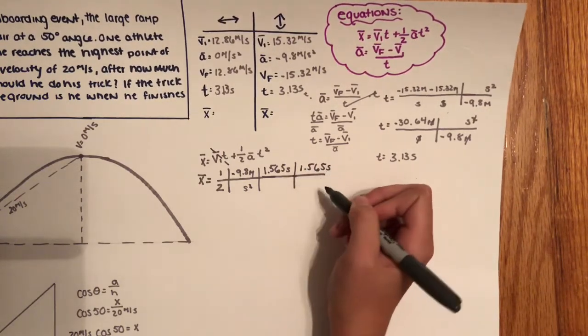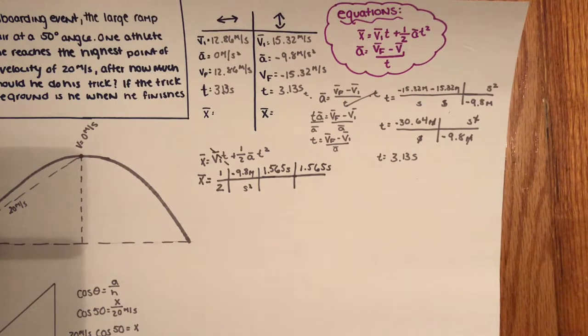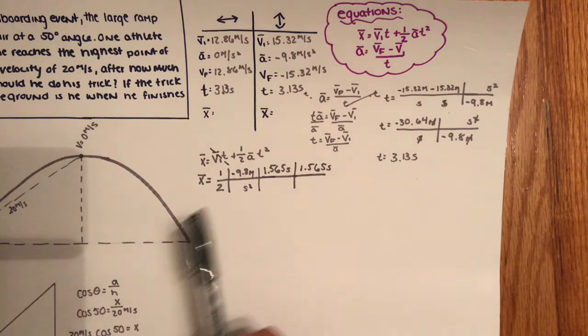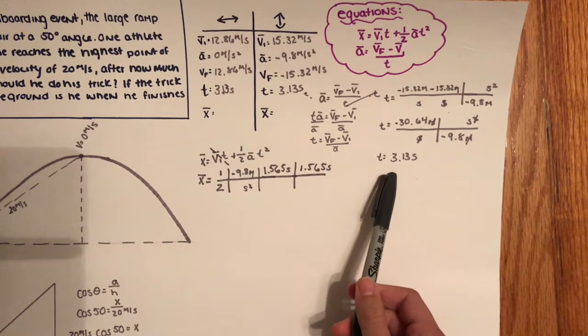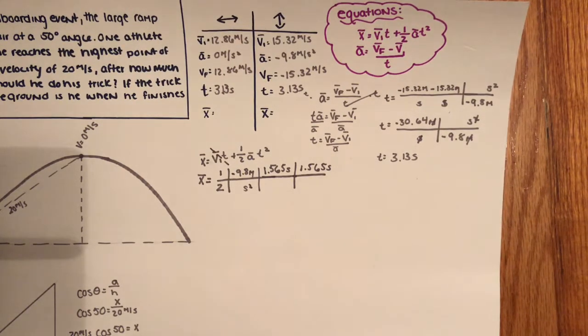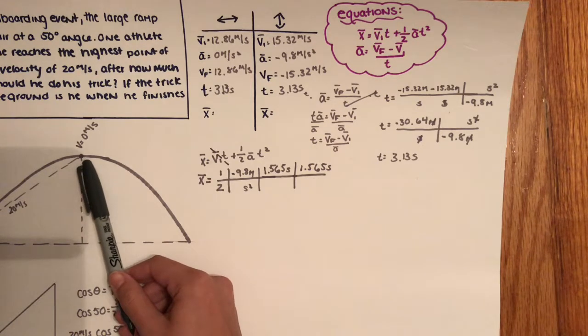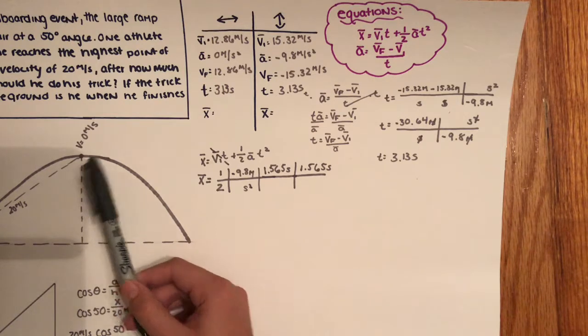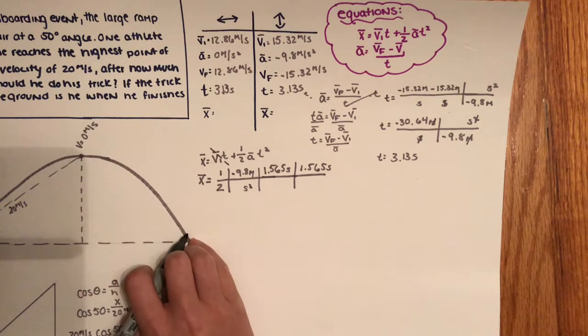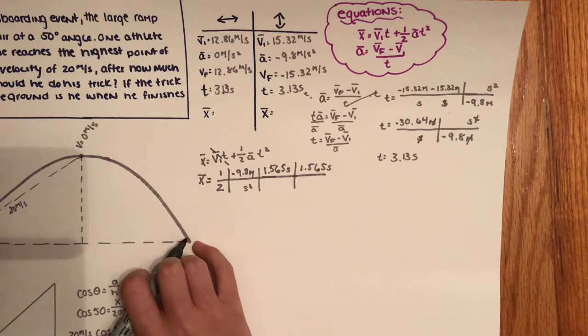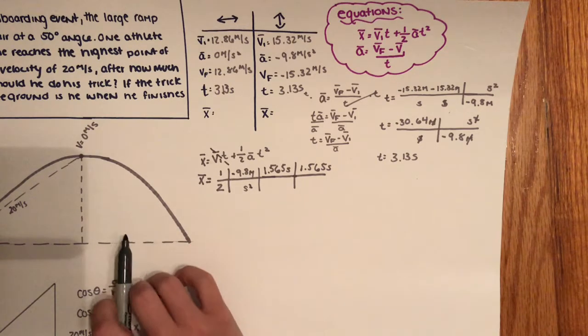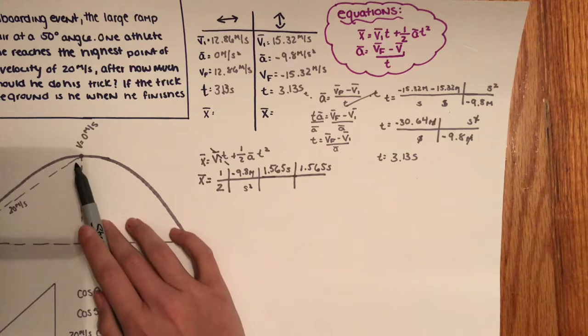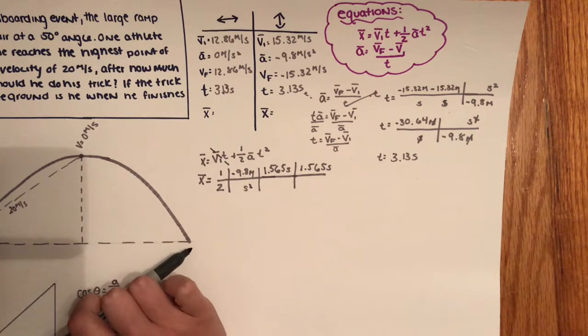1.565 seconds. Now the reason we're using 1.565 seconds instead of the 3.13 seconds that we've solved for before is because since we are beginning our equation from using values from the top of the jump, that only means that we're covering this half of the jump, which would be only half of the time because it is only the amount of time it takes to go from the absolute top right back to the bottom.